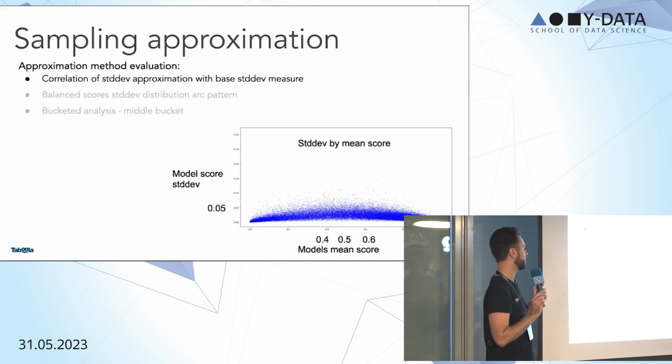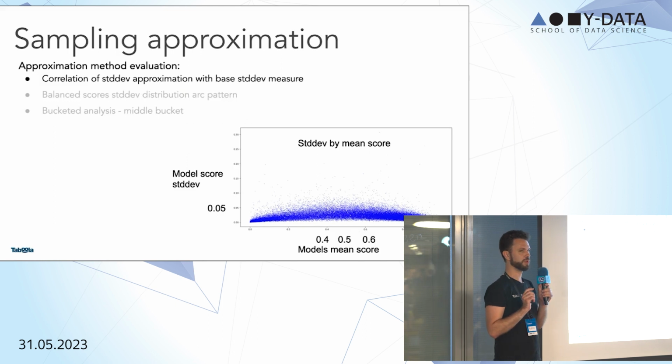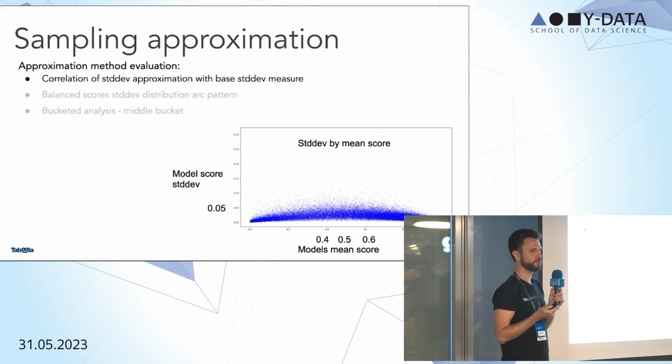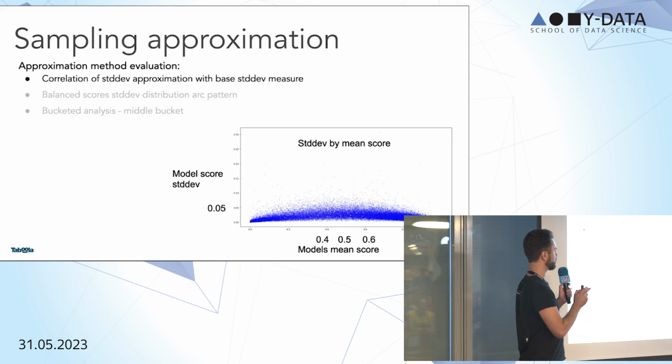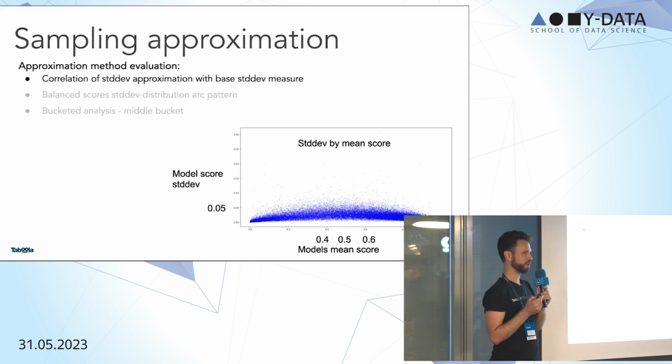Okay, so now we have an approximation to the basic metric. We can compute it, and then it begs the question of how to evaluate it. The method we thought about is just checking the correlation between the computed approximation of the standard deviation and the basic metric. Imagine a row of inputs.